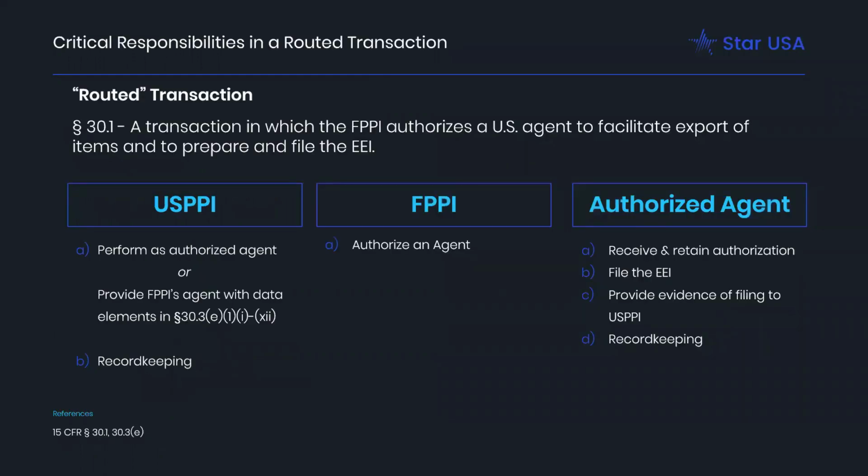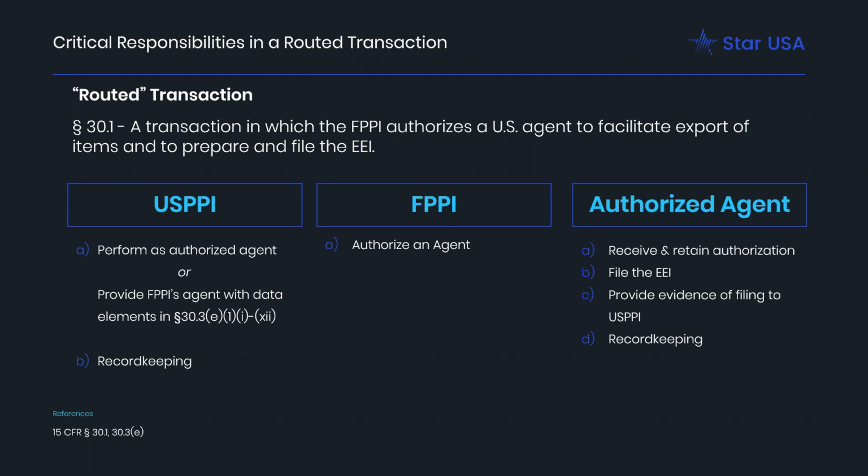So under a routed transaction, there are some critical roles and responsibilities. Again, circling back to the three identified parties that we had talked about initially. 30.1 defines a routed transaction in which the FPPI authorized the U.S. agent to facilitate export of items and to prepare and file the EEI. So in a routed transaction, the USPPI may act as or perform as an authorized agent, or they would be providing the FPPI's agent with data elements defined in 30.3(e), 1 through 12.